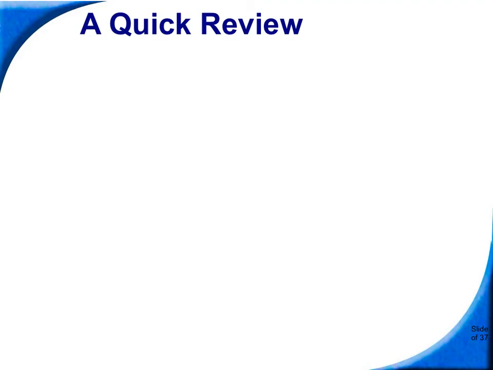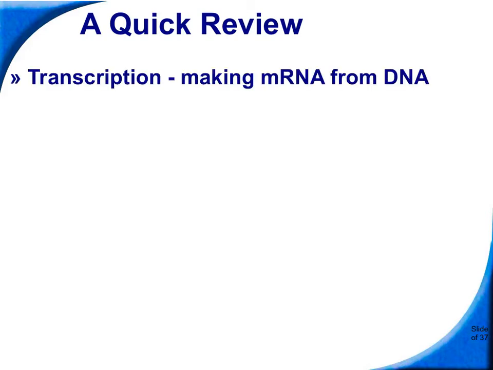Alright, now let's just take a quick review here of what we did in 13.1. All we came up with was a new word, transcription. We started with our DNA molecule. It uncoiled and divided, and we made a complementary mRNA strand instead of a complementary DNA strand.